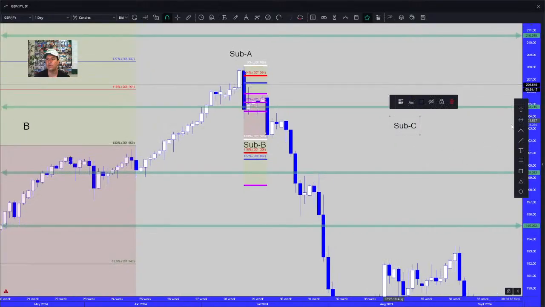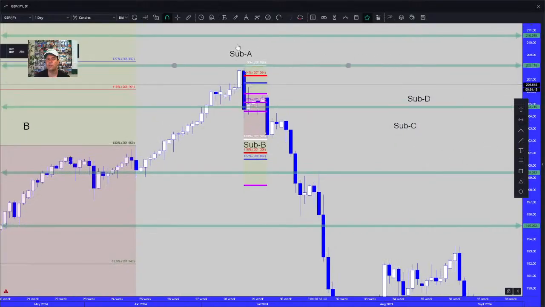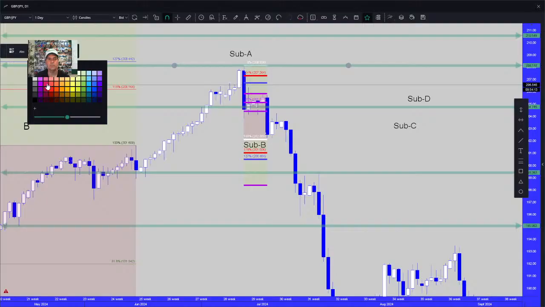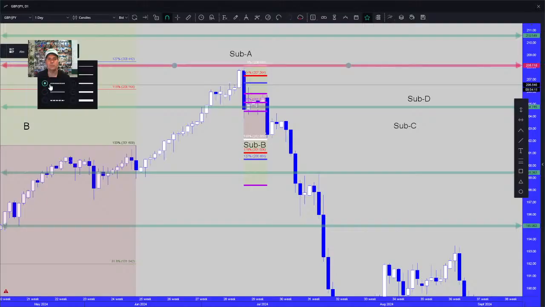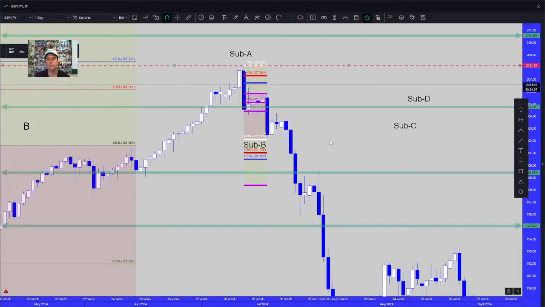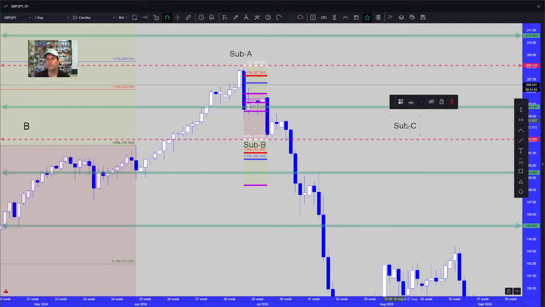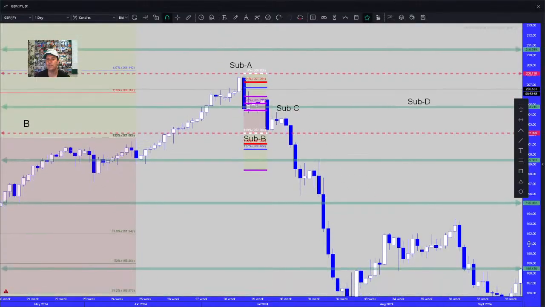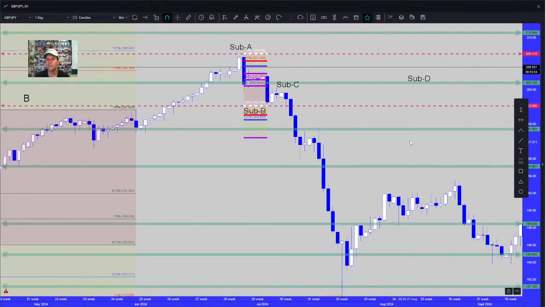Now again, if you want, use horizontal lines to help yourself, everybody. There is no right or wrong. Okay, so we have the sub A, sub B. Now this is the C, right, everybody? Which one is the sub D extension?